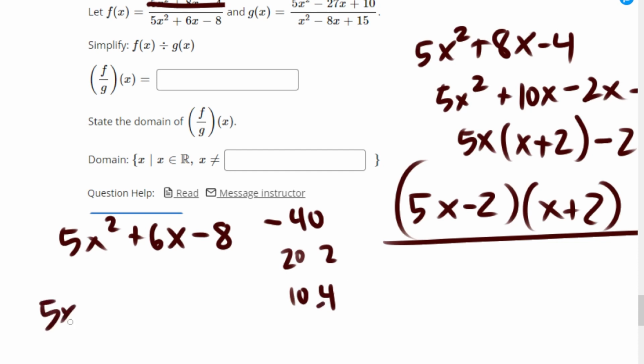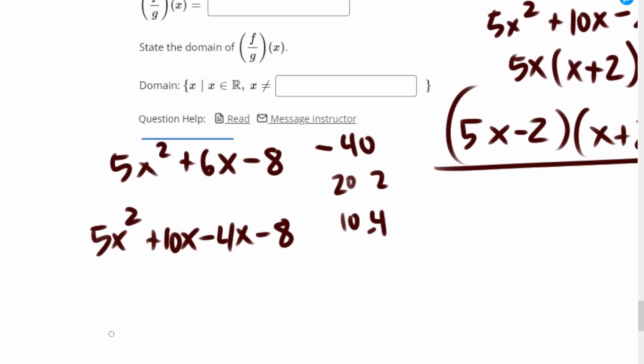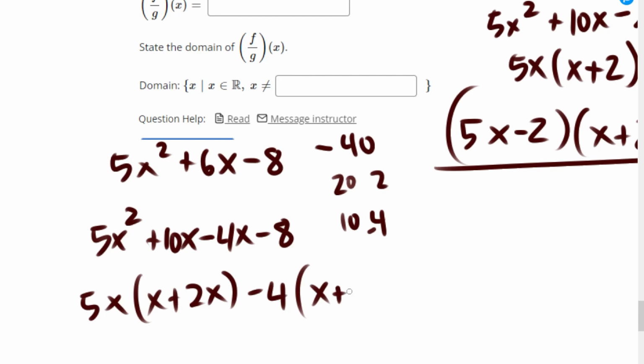So we have 5x squared plus 10x minus 4x minus 8. Now we can factor by grouping. We'll take out a 5x, so 5x times x plus 2, minus 4 times x plus 2.